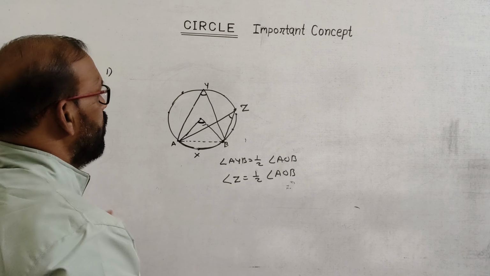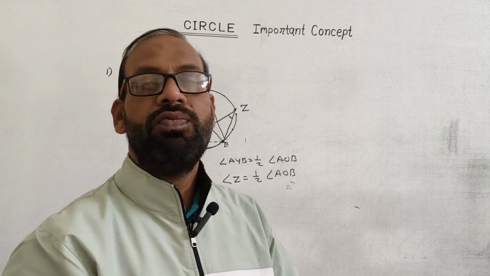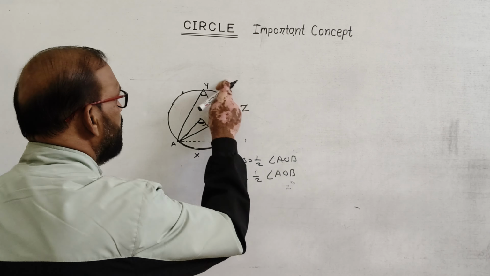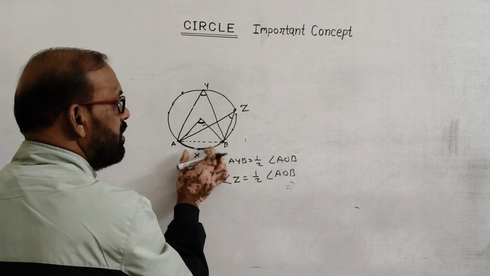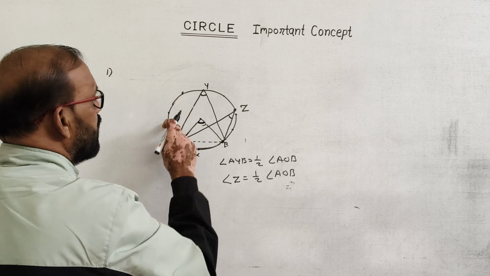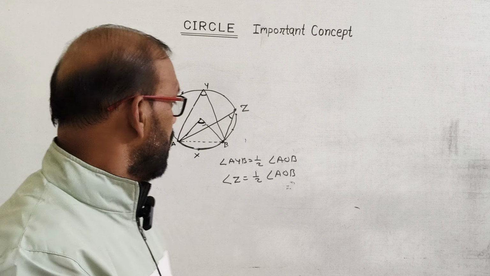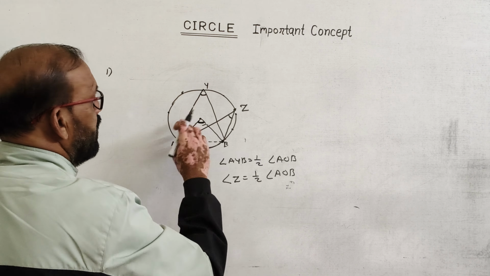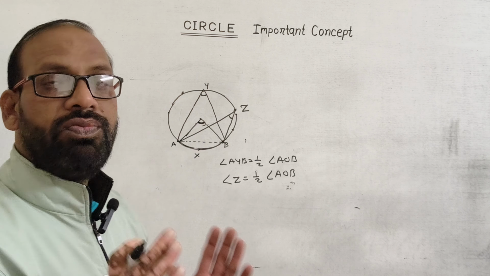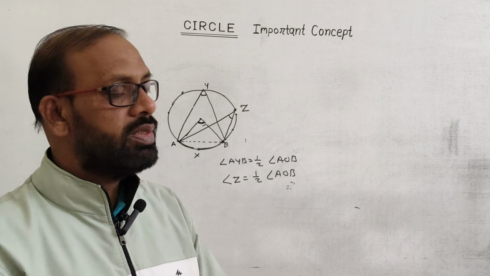In such a way, we can draw an infinite number of inscribed angles on the remaining part of the circle other than this arc. The measure of all the angles so formed is always equal. So inscribed angles in the same part of the circle are of equal measure. This is a very, very important property of a circle.